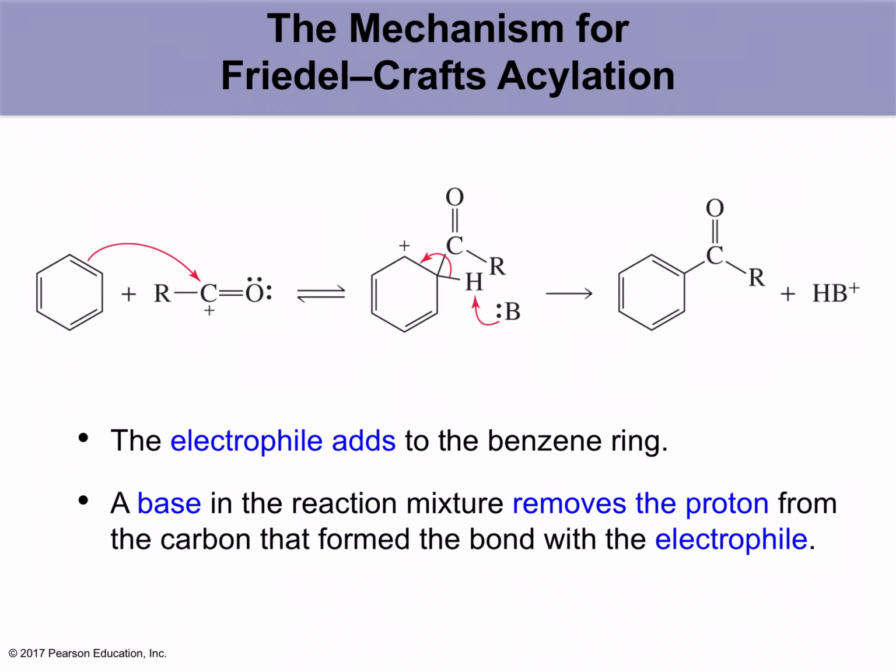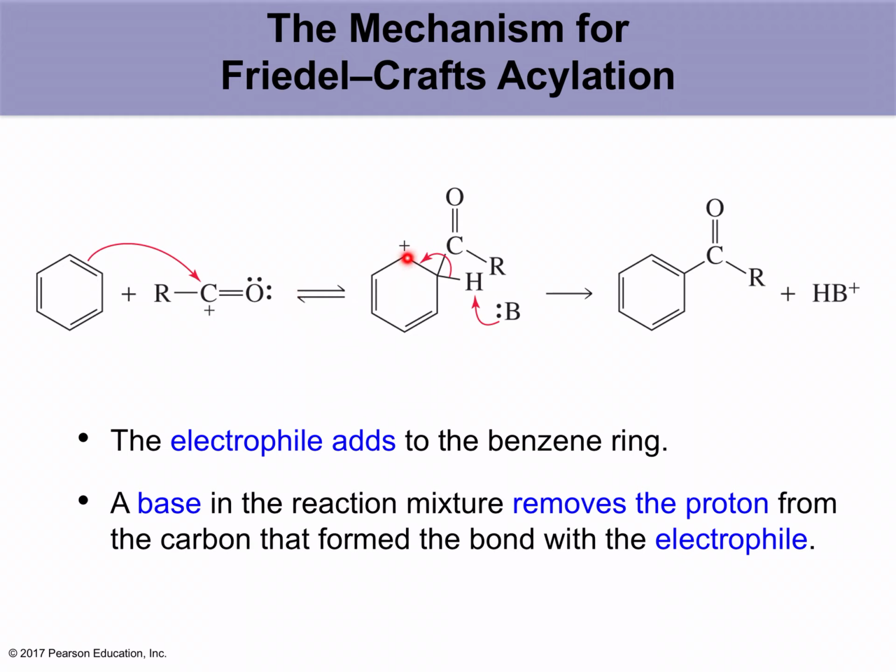Okay, so once you form the electrophile, which is going to be an alkyl group and a carbonyl group, now this carbon, you can see only 3 bonds on carbon. It's a carbocation. It's a positively charged carbon, electron deficient. So the benzene ring, electron rich, attacks the carbocation.